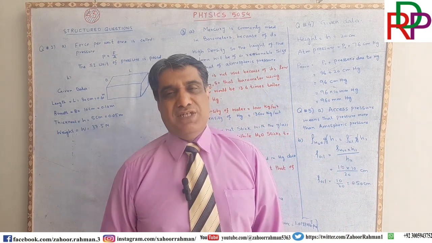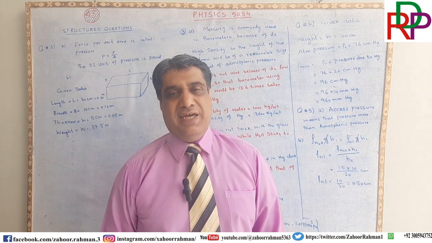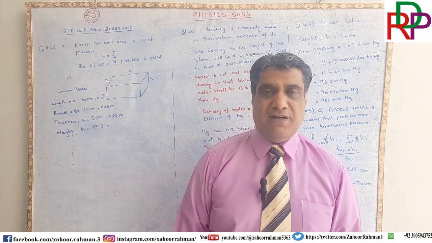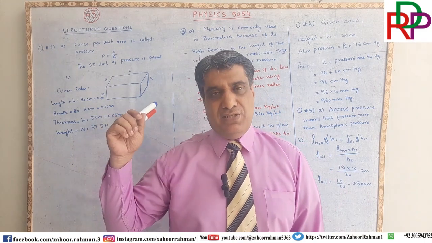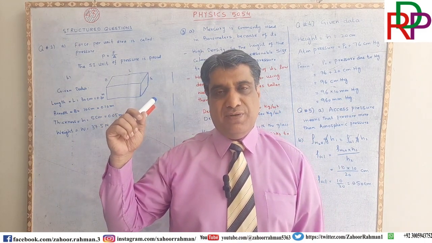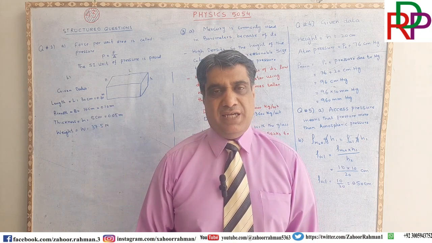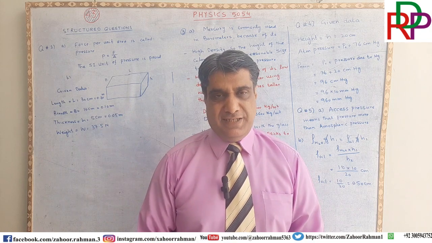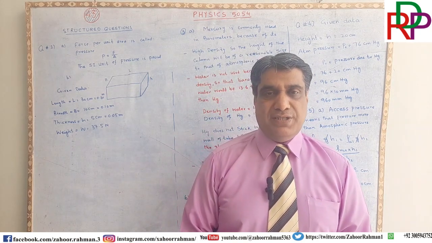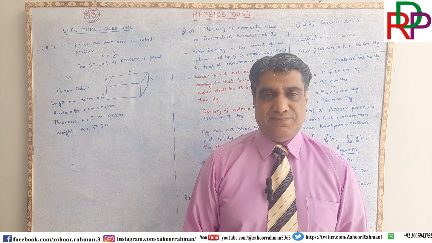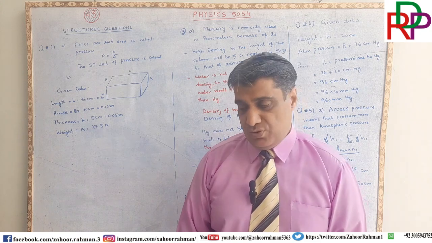Force per unit area is called pressure, and the mathematical form of pressure is P is equal to F divided by A, where F is the force and A is the area. Now the SI unit for pressure is Pascal. We have discussed that as well.